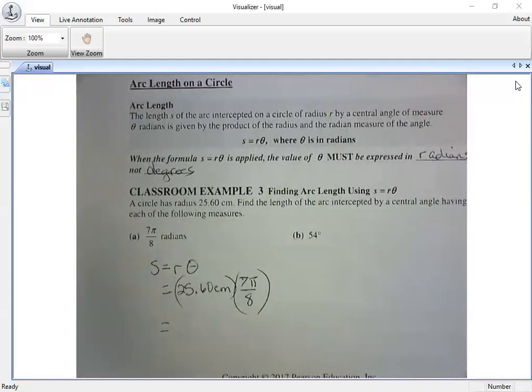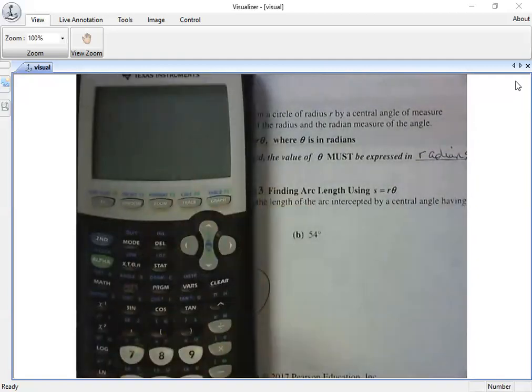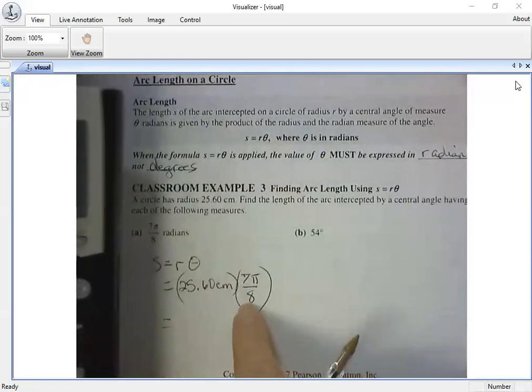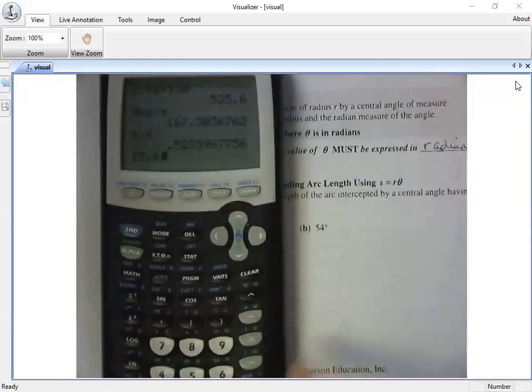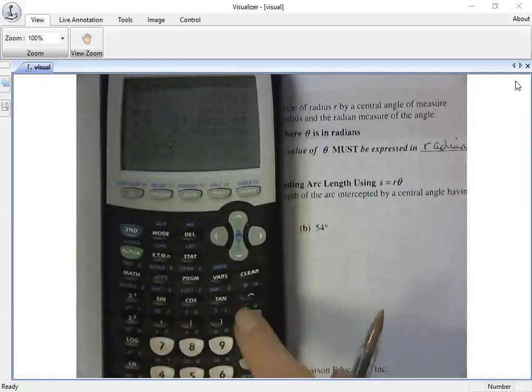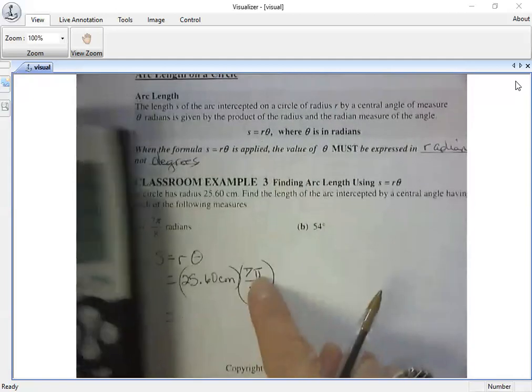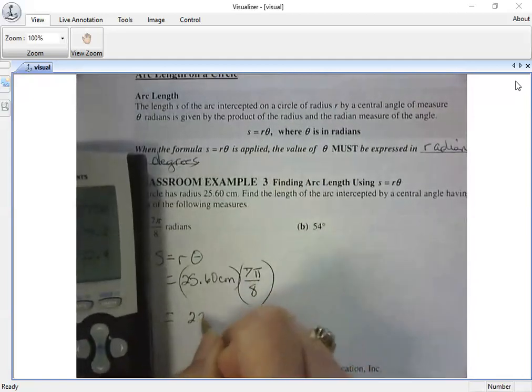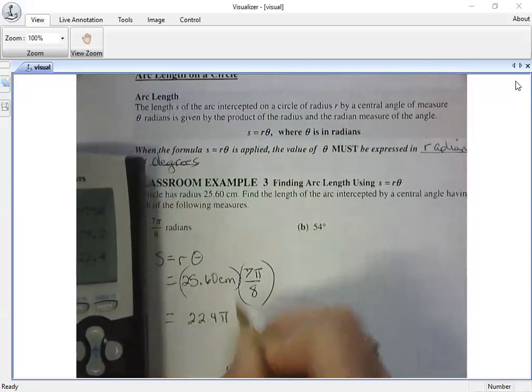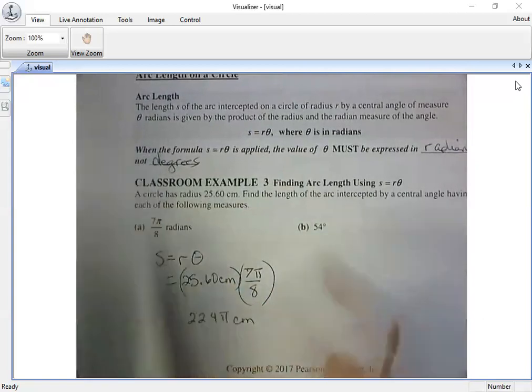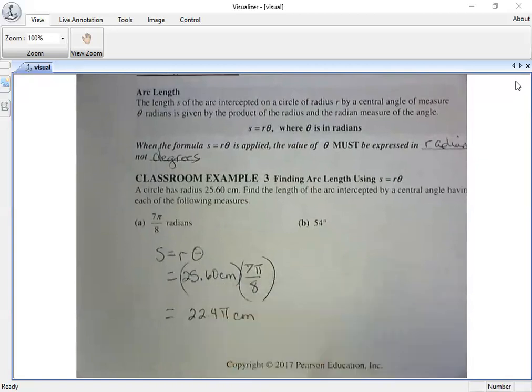So if I were to take my 25.6 and, well, first multiply it times 7, and then divide it by 8, I'm getting 22.4 times pi. Does that make sense? And remember, I still have the unit of centimeters. This thing is unitless, but this one is not.